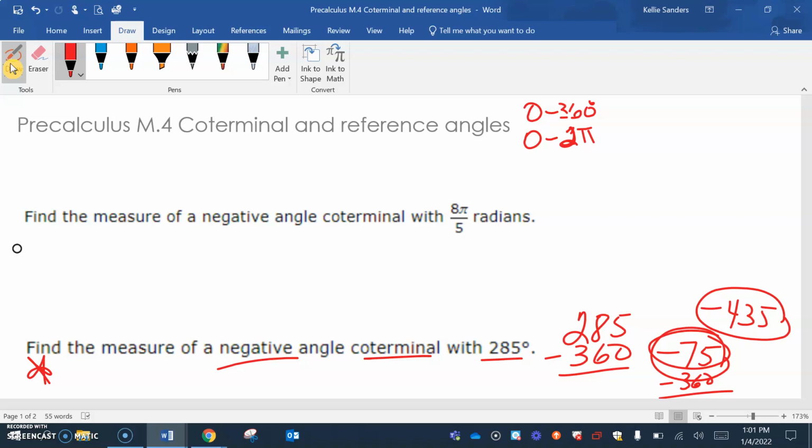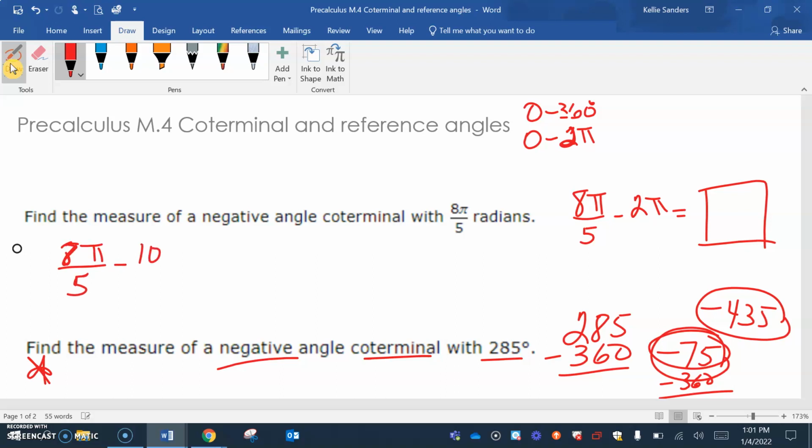And so on this, we have 8 pi over 5, and we're going to subtract 2 pi. Now, you could get your calculator out and do 8 over 5 minus 2 and get your answer. Or, if we want to challenge ourselves, is 10 over 5 the same thing as 2?